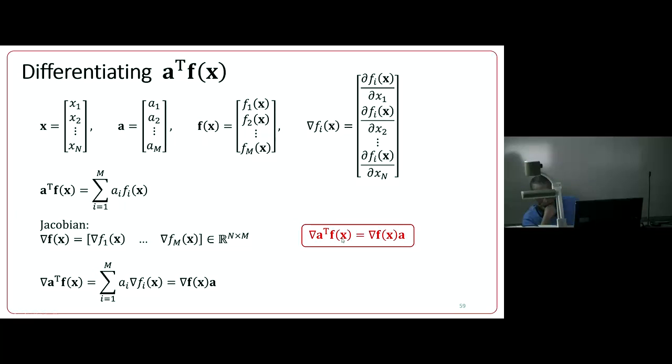And the other one is a matrix. The derivative involves x1, x2, x3 until xn, right? So the derivative of the scalar A transpose F of x would be a vector. And so we get this equation here. Did you understand completely? Both sides are now vectors because A transpose F of x is scalar, but the derivative is a vector. And this is a matrix times a vector.